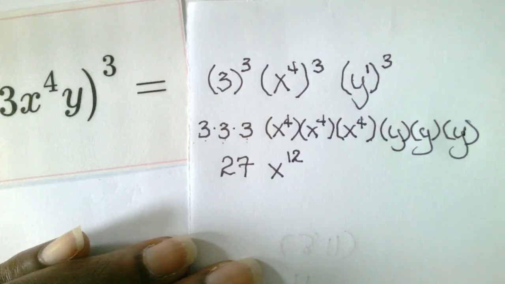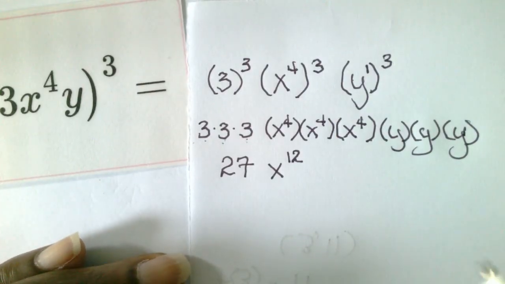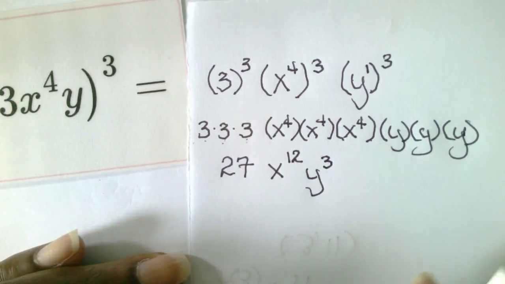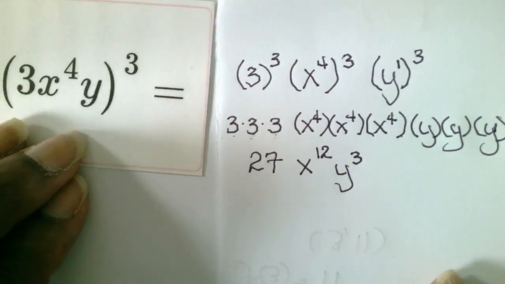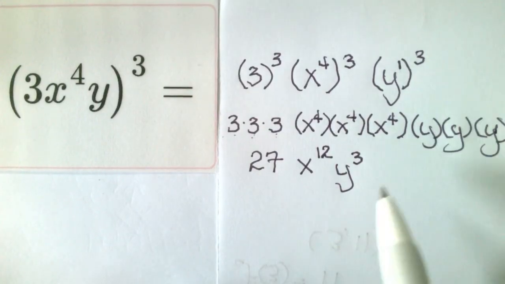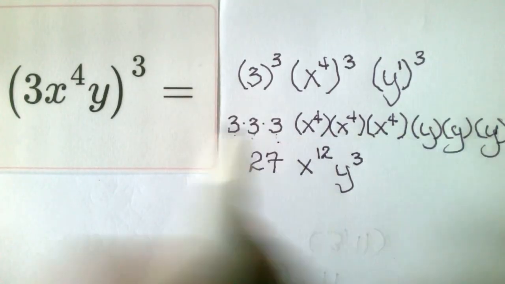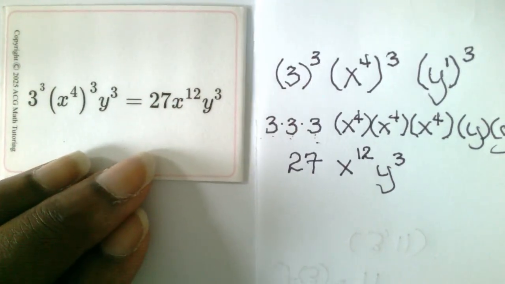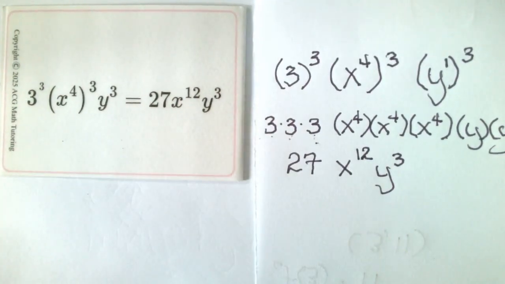Ooh, started to look like a J. So that means we have y to the third. Or you can just multiply 1 times 3, which gives you 3. So our answer here should be 27 x to the 12th, y to the third.